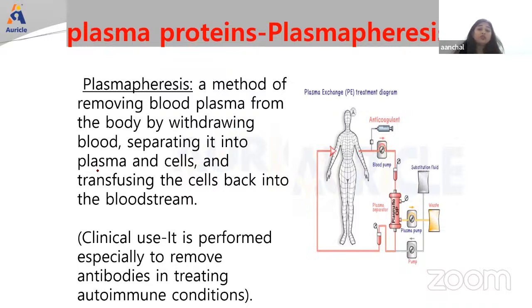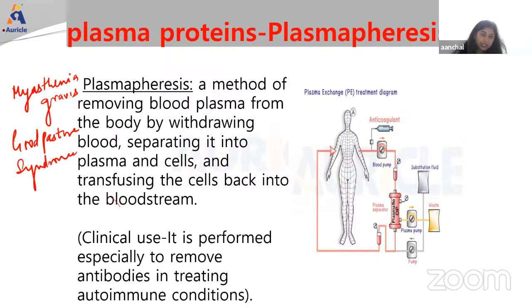Clinical use, it is useful. It is performed especially to remove antibodies in the treatment of autoimmune disease. So in autoimmune diseases, like we have myasthenia gravis, and several other diseases also there, like Goodpasture syndrome.